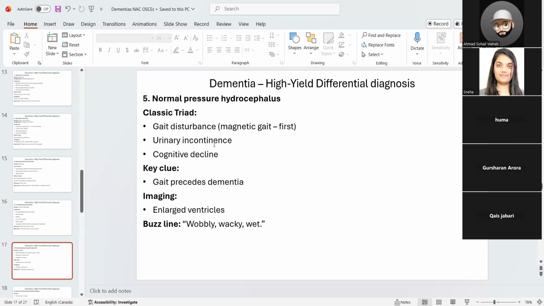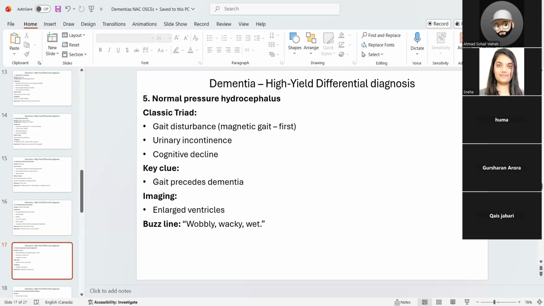Next is normal pressure hydrocephalus. You can remember this by the mnemonic wobbly, wacky, wet. So they have gait disturbances initially, then become cognitively impaired, and then they can develop urinary incontinence.